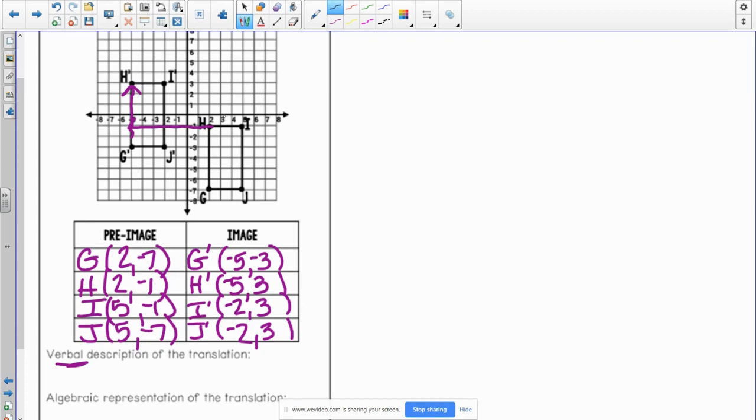So you could sit here and go 1, 2, 3, 4, 5, 6, 7. So it looks like we moved left 7 units. And then 1, 2, 3, 4, up 4 units. Okay, so you can physically, kinesthetically move those.